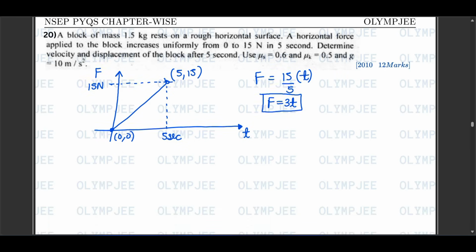Okay, so this force is applied on the block of mass 1.5 kg. So 3t in this direction and 1.5 multiplied by g in the downwards direction, and the normal due to contact with the ground. And till a certain point static friction will be acting on it.